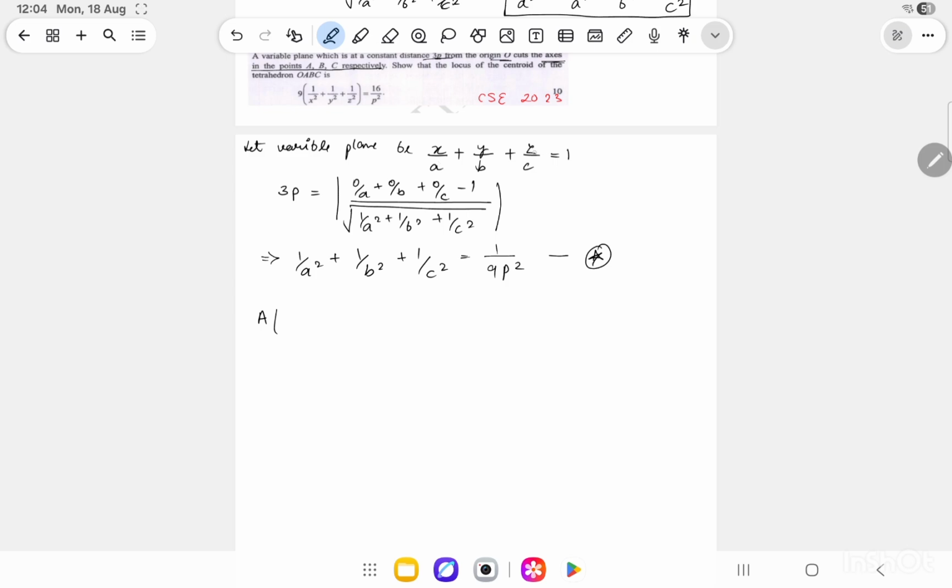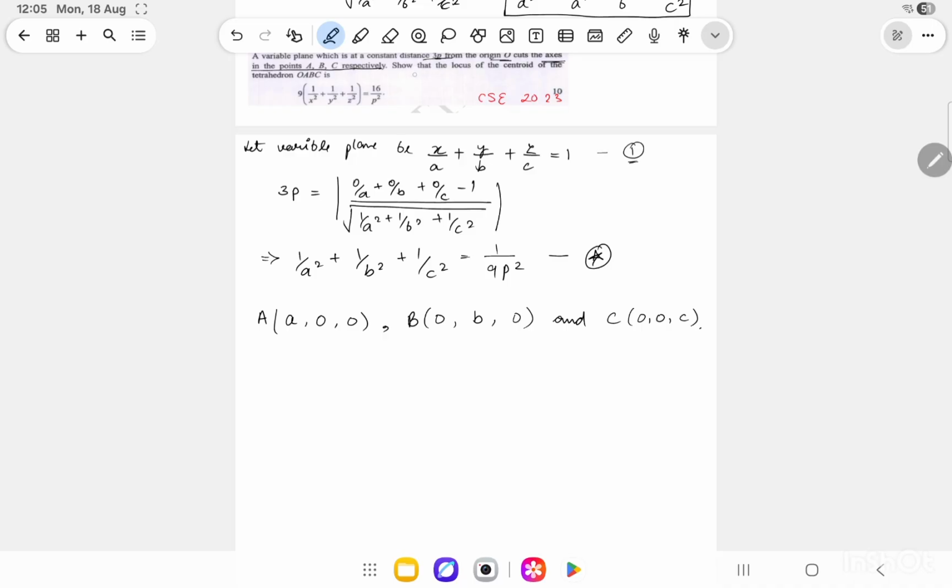So if I put y = 0 and z = 0 in equation number 1, I get x = a. So my A coordinate is (a, 0, 0). Likewise, I can calculate my B coordinate as (0, b, 0) and my C coordinate as (0, 0, c).